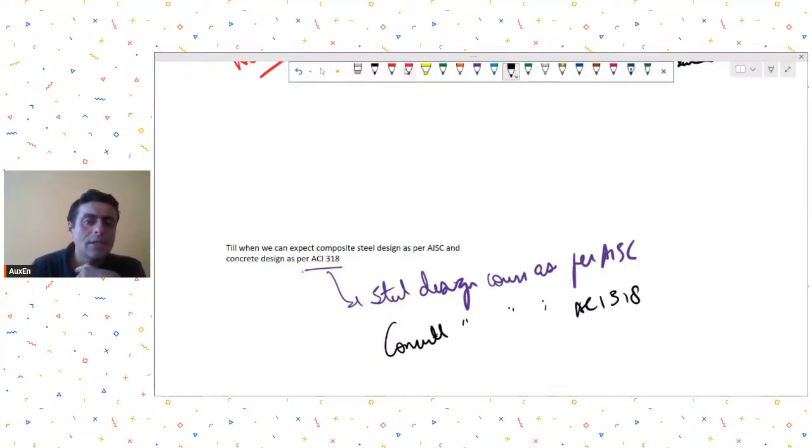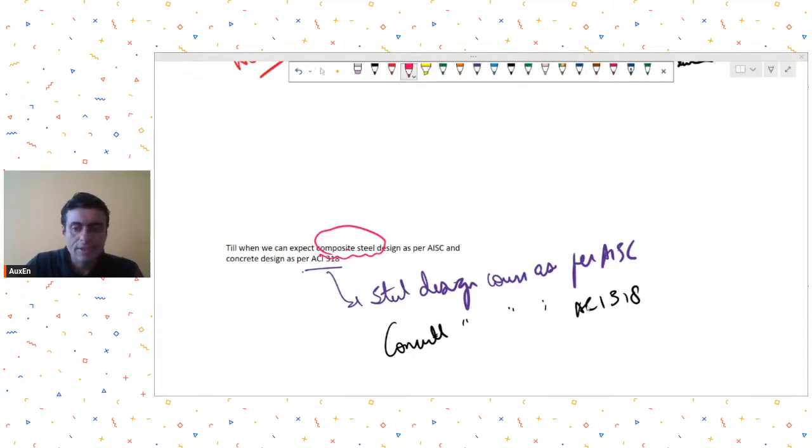Once this is done, then we will do a composite design. For composite design you need to know steel and concrete, so right now we are doing steel, then we will do a concrete design course. After that, we will take up a course maybe on composite design. Okay.